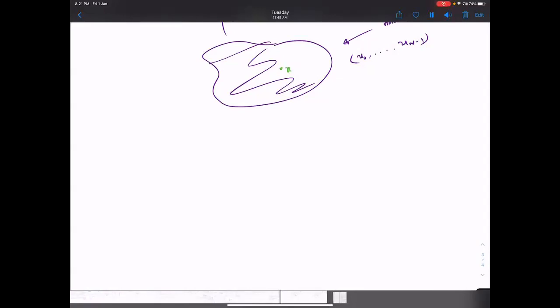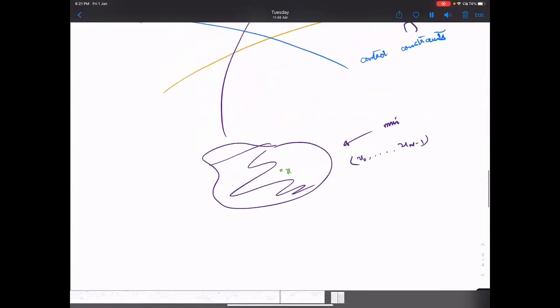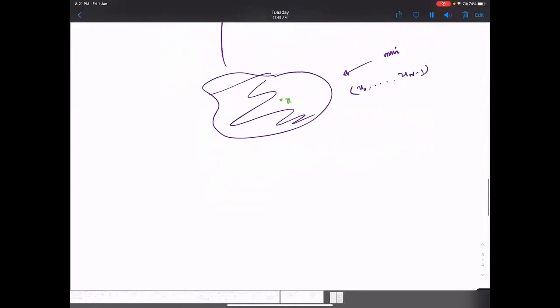Yes, suppose this was at stage i, and then you perturb the control. So you had an optimal value of the control, and then you perturb the control as ui star plus delta ui.